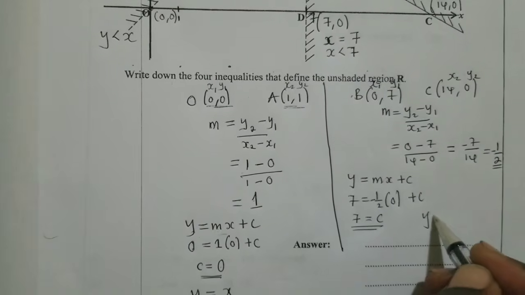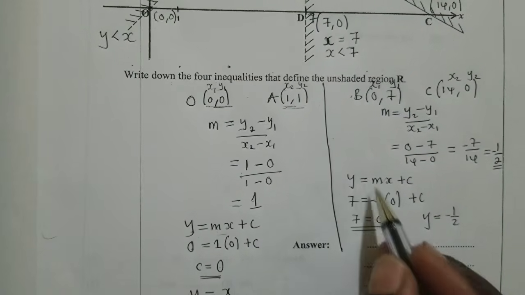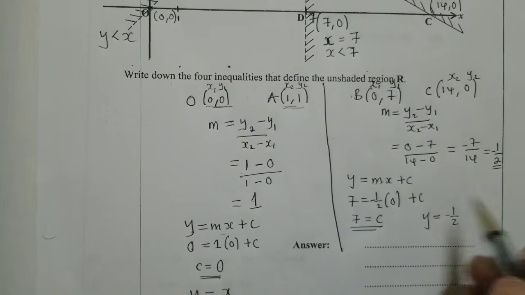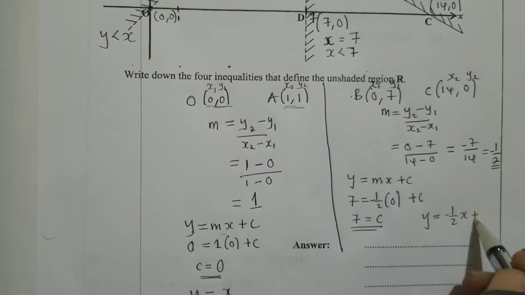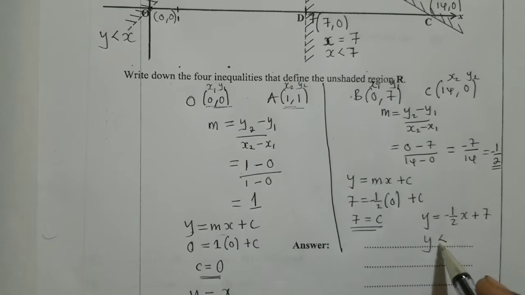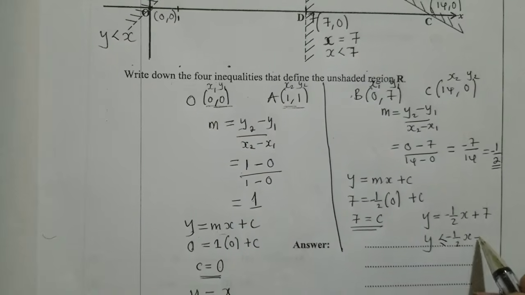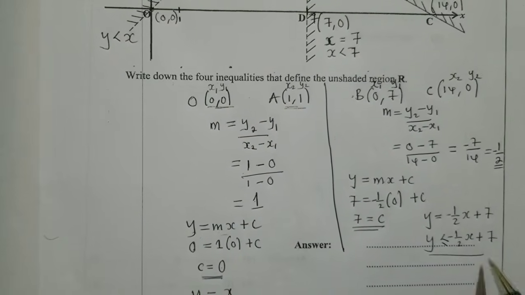And we write back y is equal to negative 1 over 2 x plus 7, putting in the gradient. So our final answer will be y is less than or equal to negative 1 over 2 x plus 7. So this is our answer.